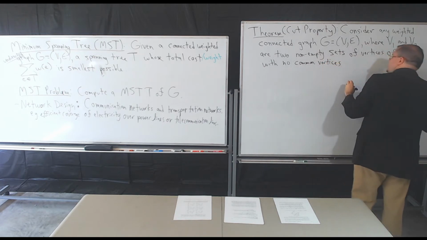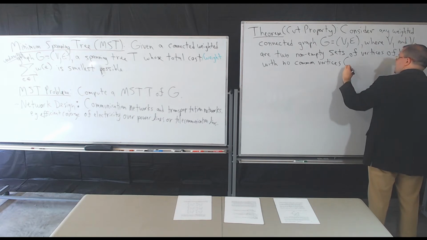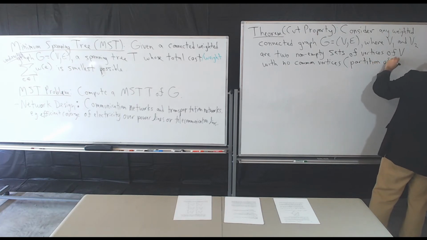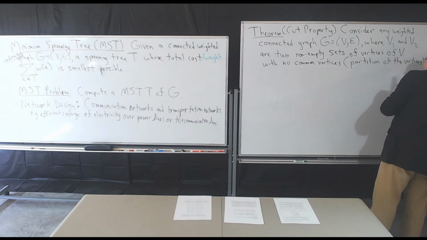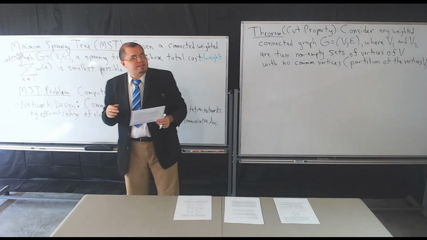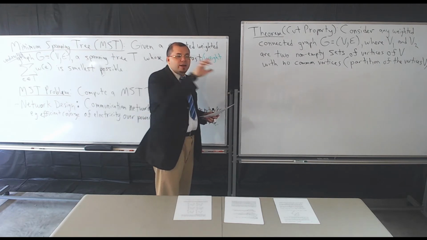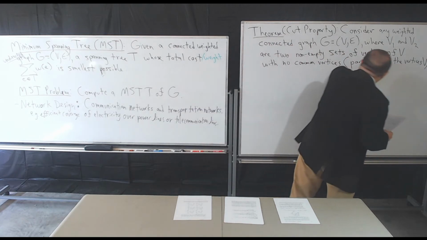I should be very careful here. What I'm saying is that we're talking about a partition of the vertices of V. By partition, I mean I give you the set of vertices, and I can split it into two sets. One is called V1, the other one is called V2. There are no overlapping elements. That's what I mean by a partition.